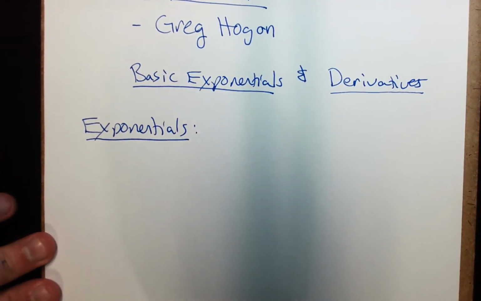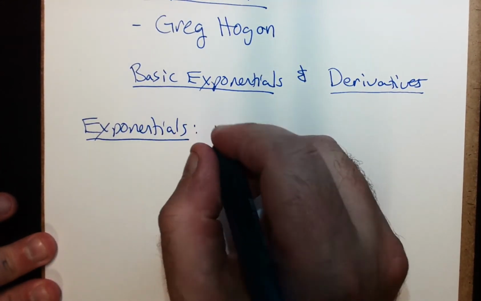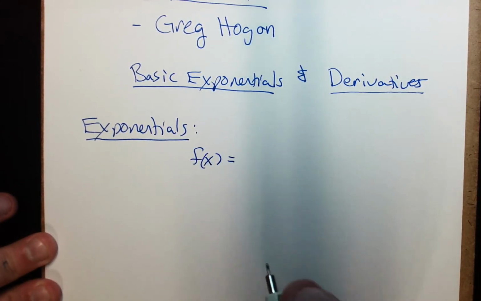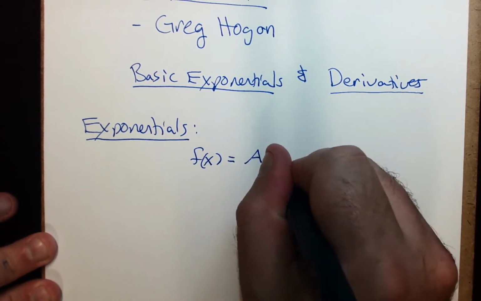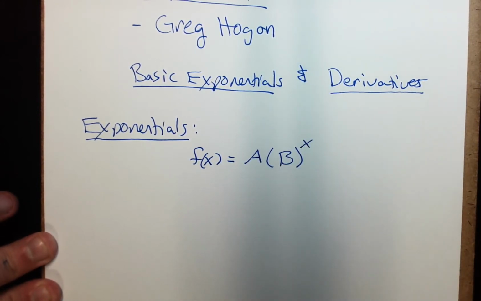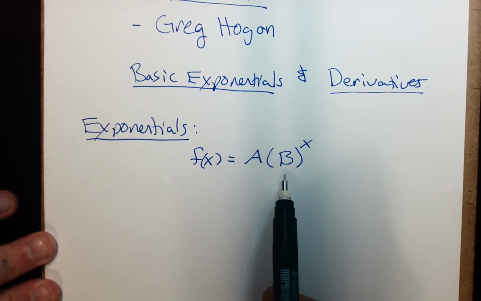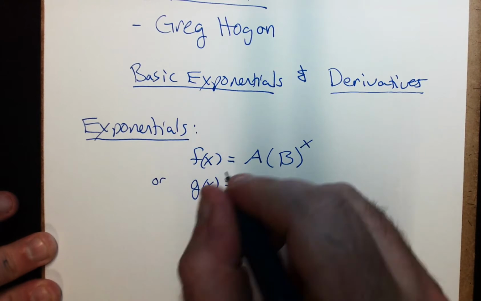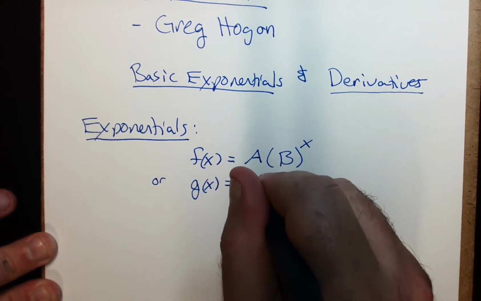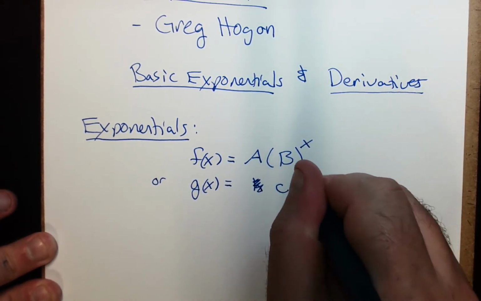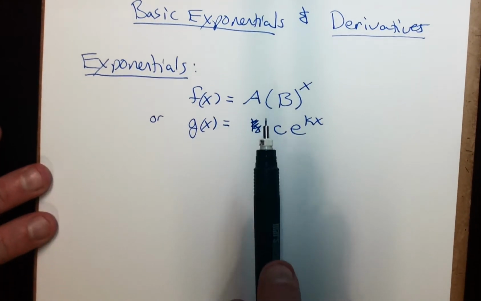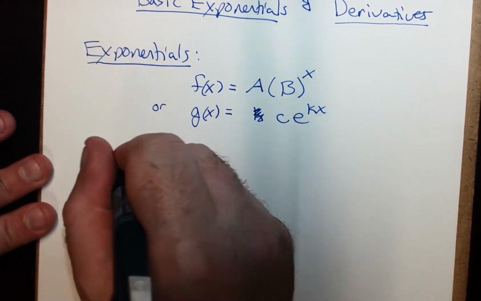The first thing you're going to be dealing with for an exponential function is this. There's going to be a couple of different ways you can write an exponential. There's more than one form. You could have f of x equals a b to the x.